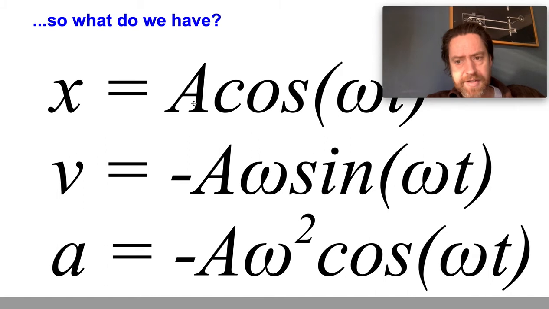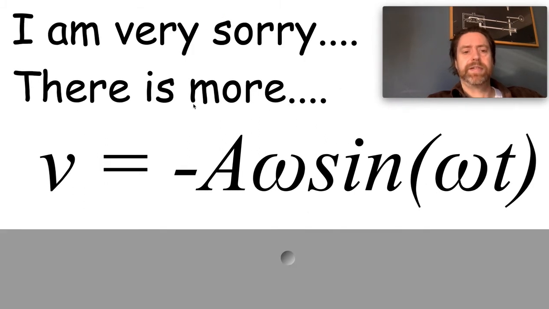But for the velocity, you should be able to see that if the velocity is minus a omega sine omega t, the maximum value that can take is, well, this does rely on you knowing a little bit about trigonometry, but the maximum value that sine can take is 1.